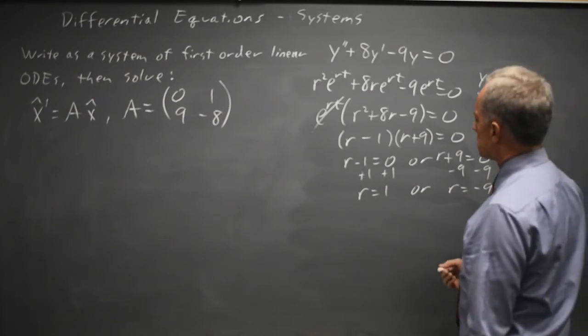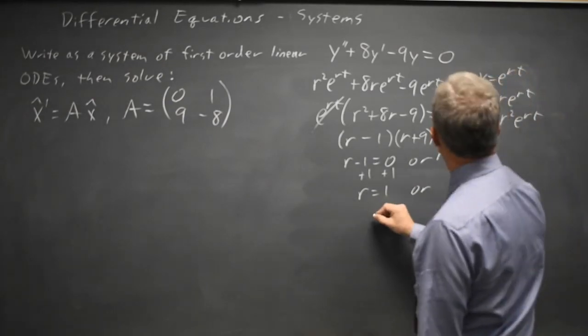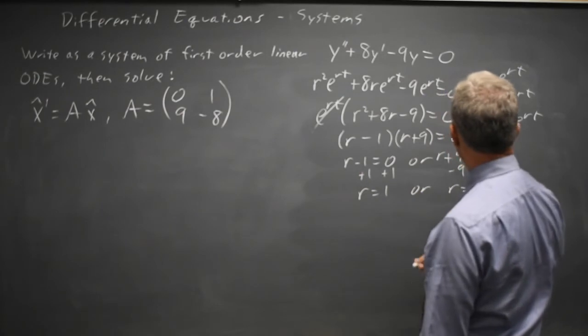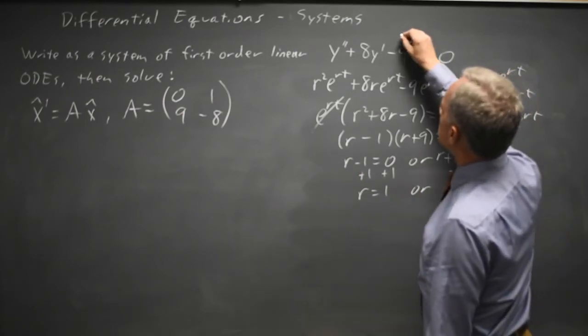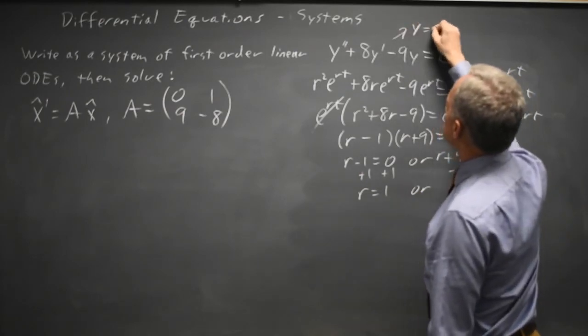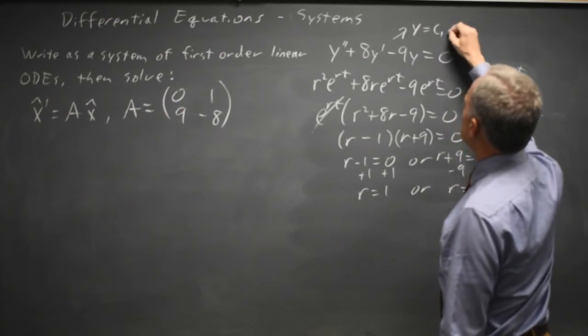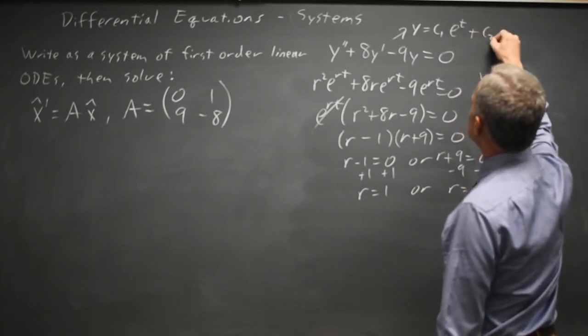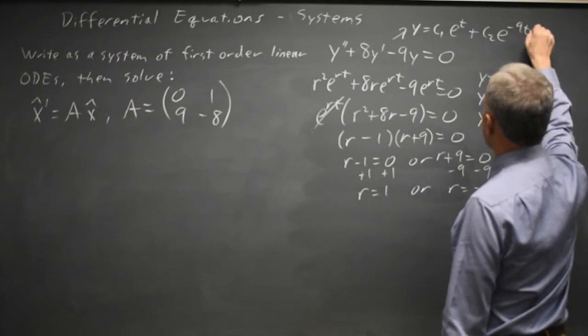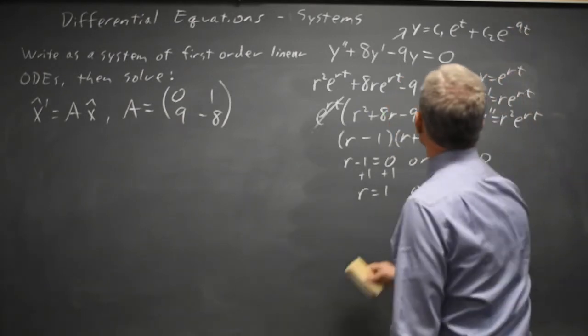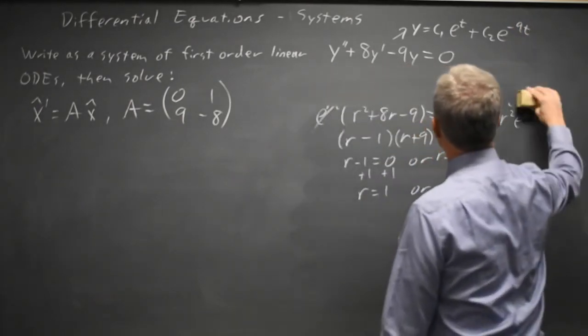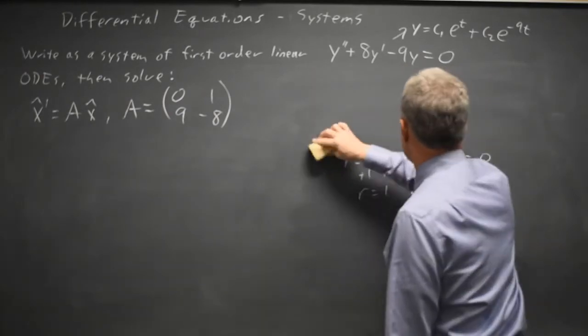This gives us y equals e to the 1t or y equals e to the negative 9t. Our general solution is y equals c1 e to the 1t plus c2 times e to the negative 9t. And we're hoping that the solution we get from systems of equations will somehow be connected to that.